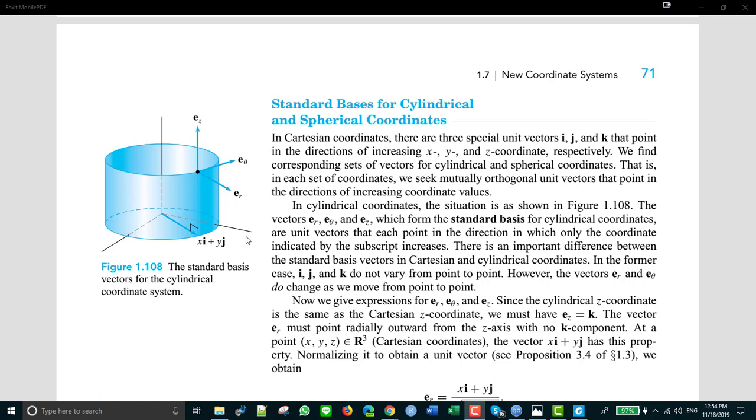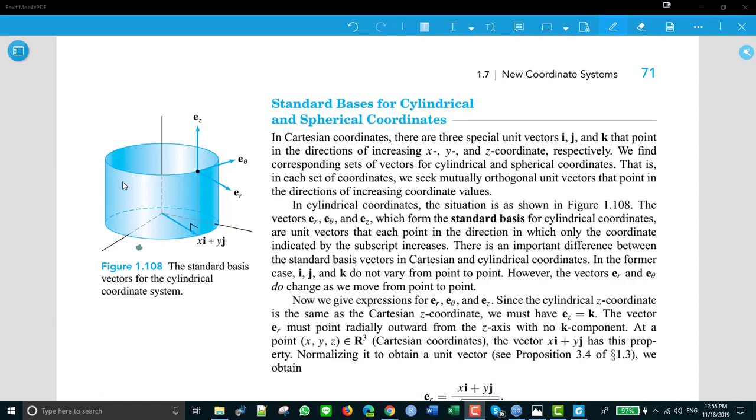So suppose we have this point here, and we ask what direction we should go to increase, let's say this is the x direction, the y direction, and the z direction. If we want to increase in the x direction, we should go this way.